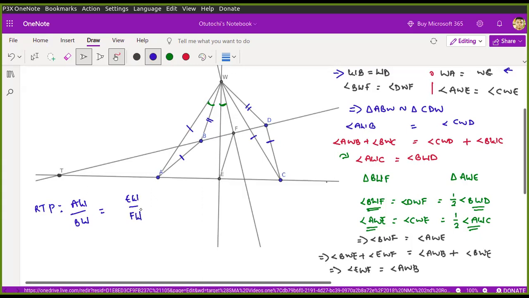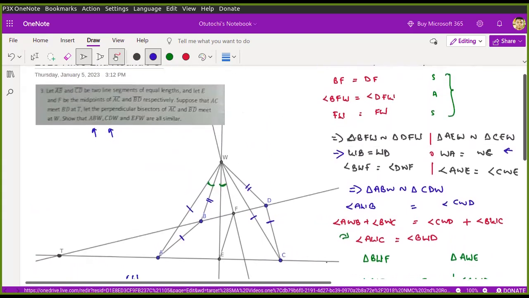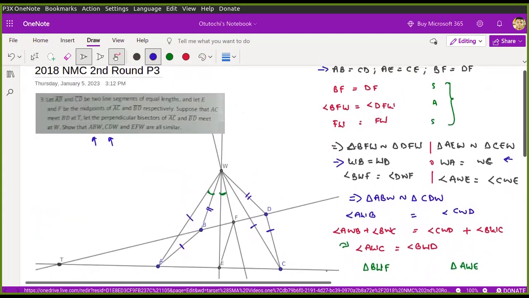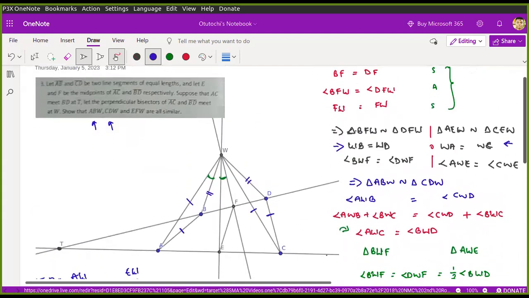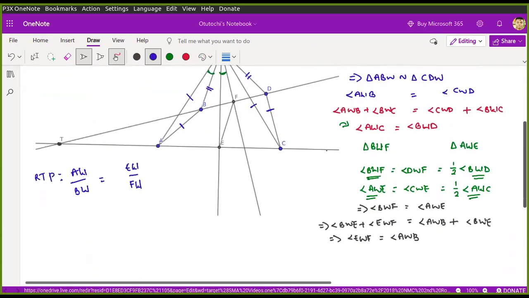And then we can easily get that from this similarity here.